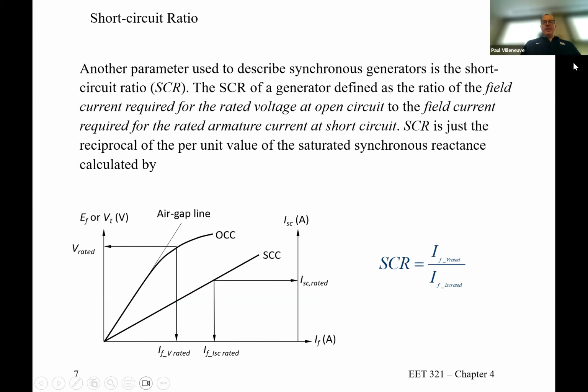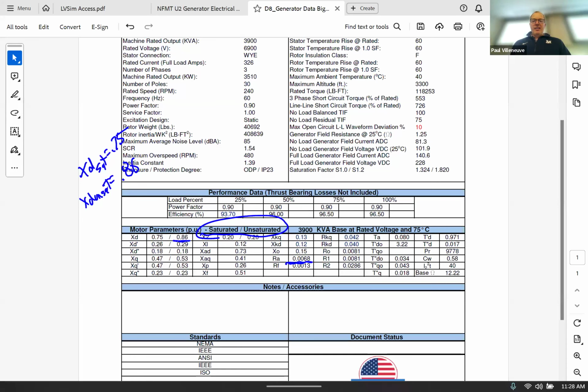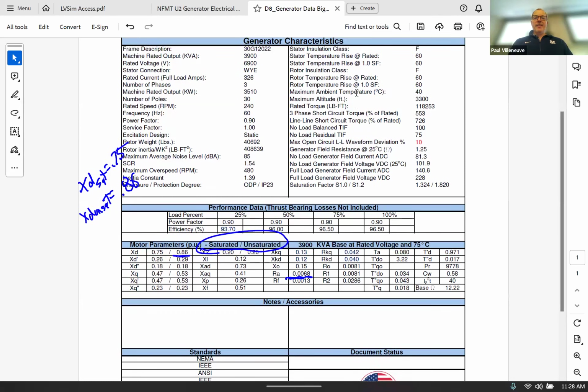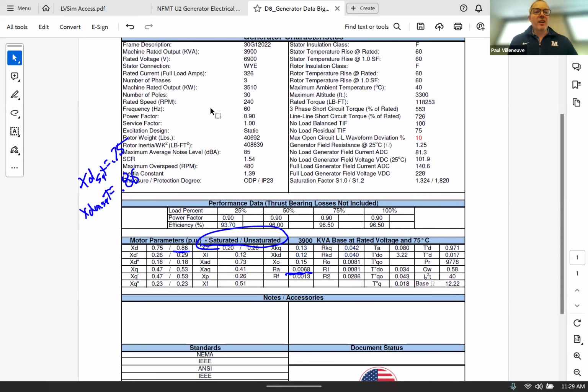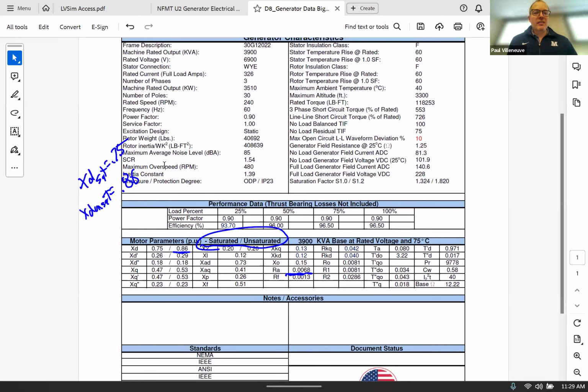So this one is another parameter. Sometimes you see it. It's the short circuit ratio. It's hit or miss if it's been provided. If you look over here, do you see an SCR anywhere here? I see saturation factor. Rated current, service factor. Right here. See right here?